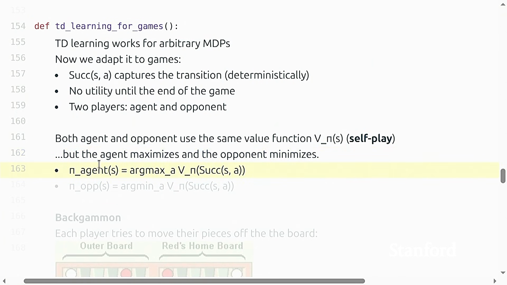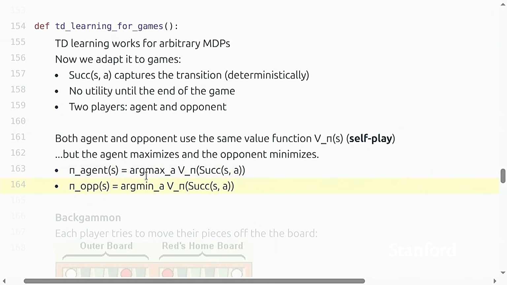So we saw earlier that given an estimate of v pi, we can read out a policy for the agent by just choosing the action that leads to the best state under v pi. But what is the opponent trying to do? It's trying to do the opposite, right? It's trying to minimize.